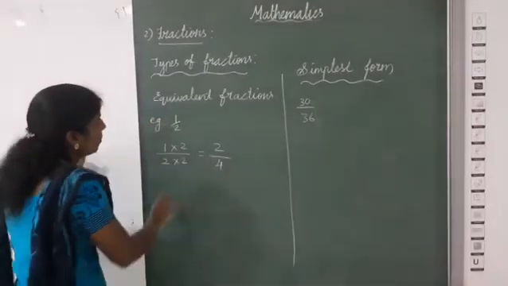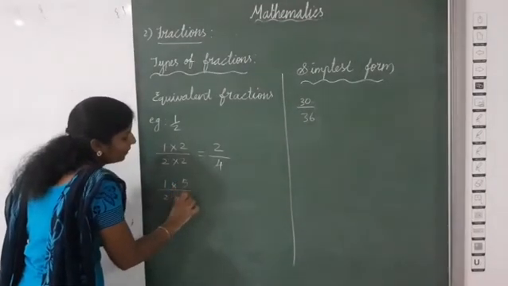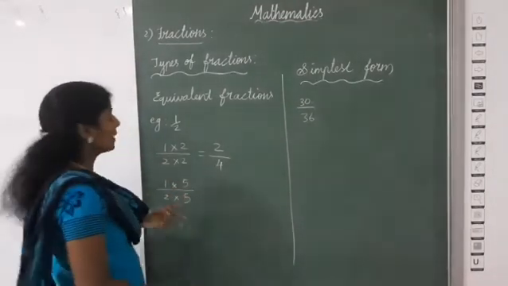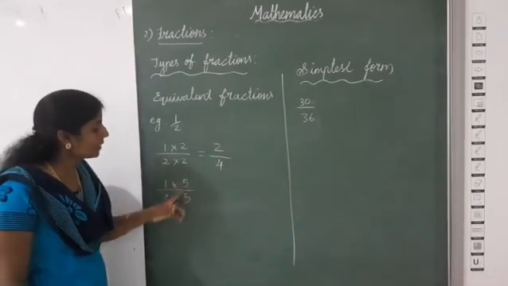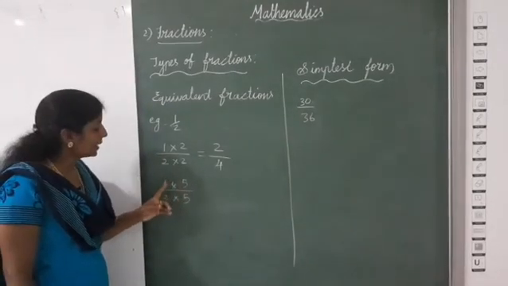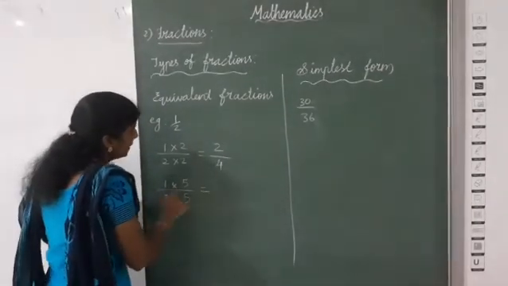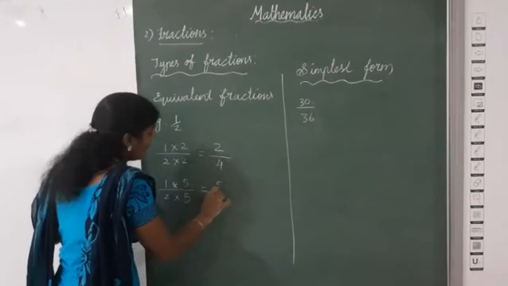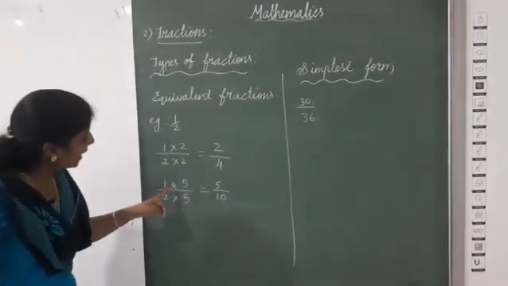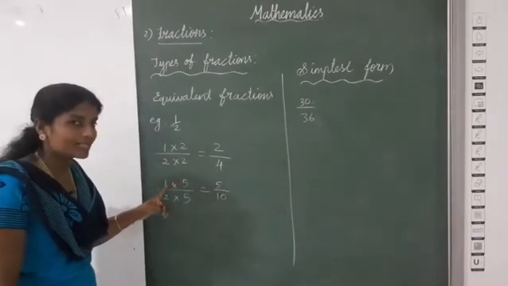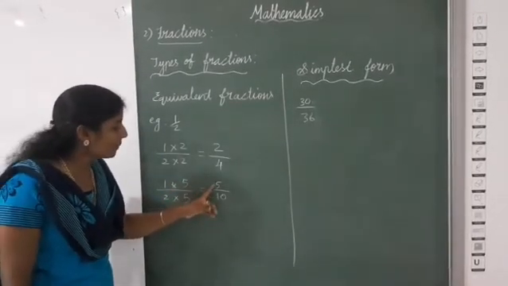Then 1 by 2 into 5 by 5. Same number we multiply in the numerator and the denominator. Now 1 into 5, 5. 2 into 5, 10. So we get 5 by 10.